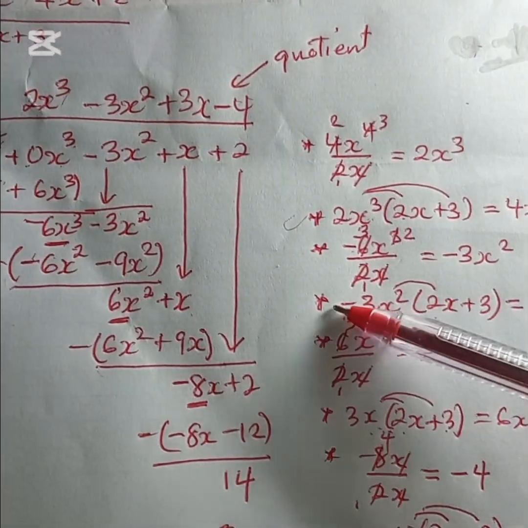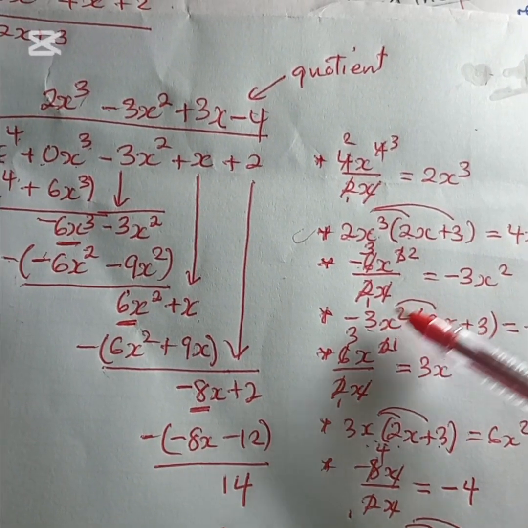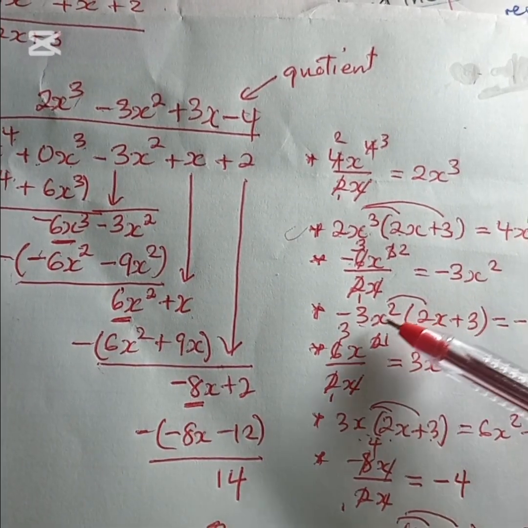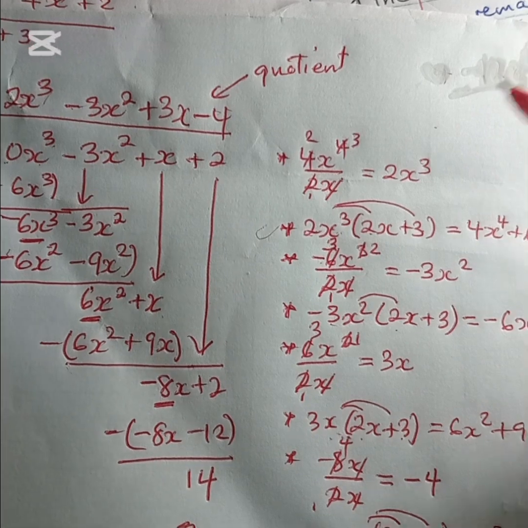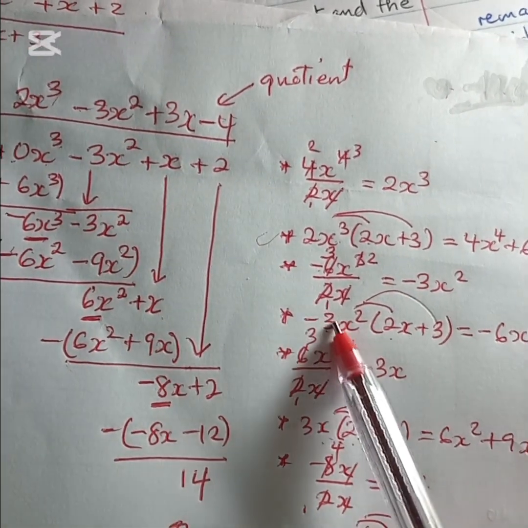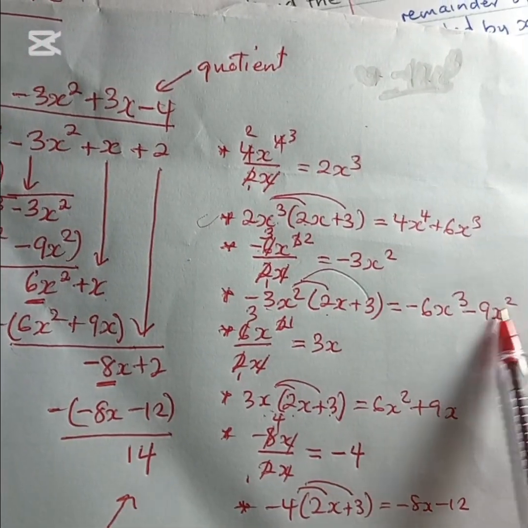So negative 3x squared times the divisor 2x plus 3. Expanding, that's a negative 6x to the power 3. And expanding this by that, that's negative 3 times 3, that's negative 9 times x squared. Negative 9x squared.